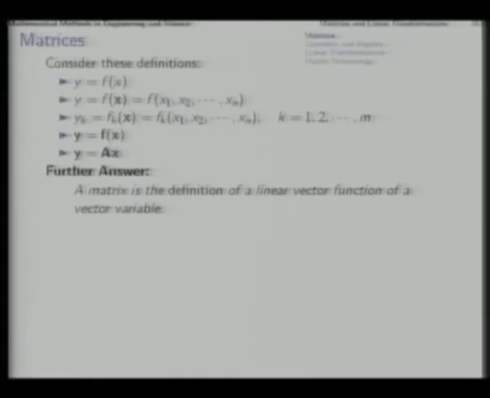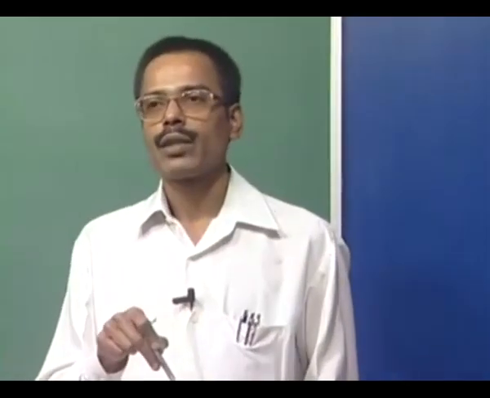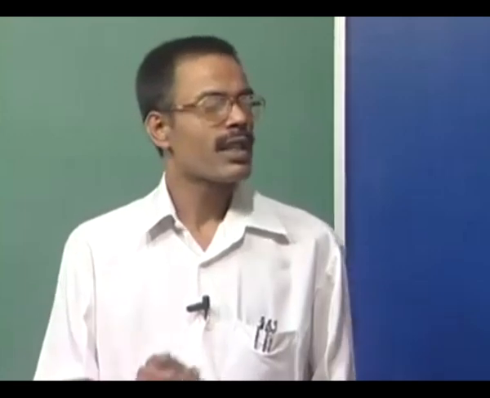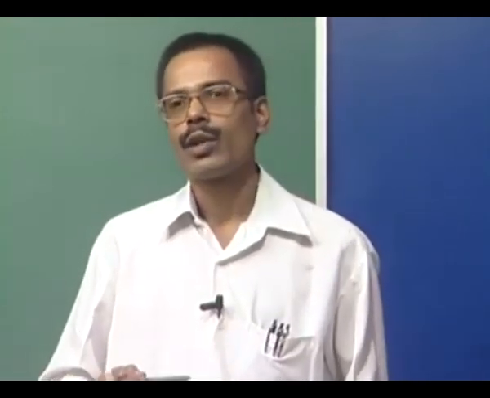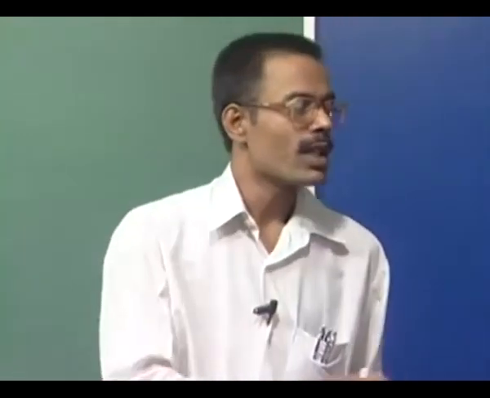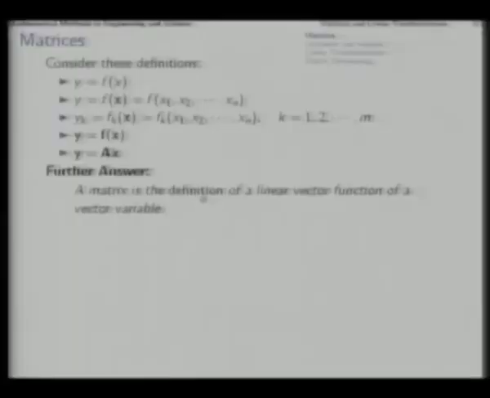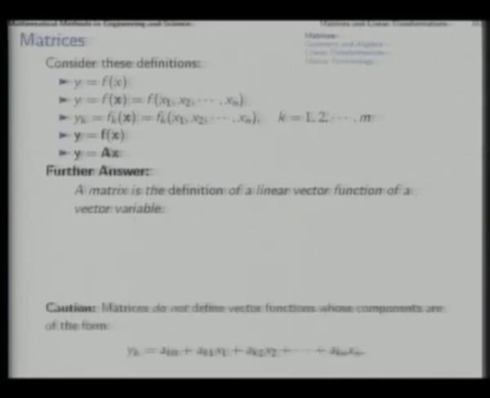Therefore, when we ask that question back, what is a matrix, the detailed or more informative answer would be: a matrix is the definition of a linear vector function of a vector variable. The point to note or the caution to be exercised is that matrices do not define vector functions whose components are of this form. Why?